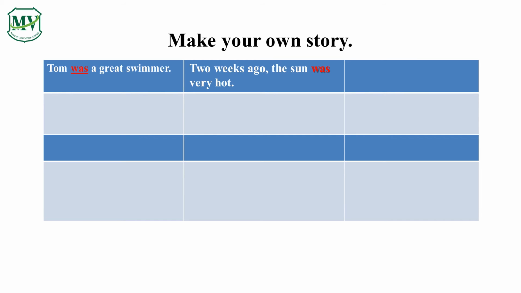Picture number 3. Tom jumped into the pool. Jumped is the past tense of jump. We add ed to the verb to make the past simple form. Picture number 4. The pool didn't have enough water.